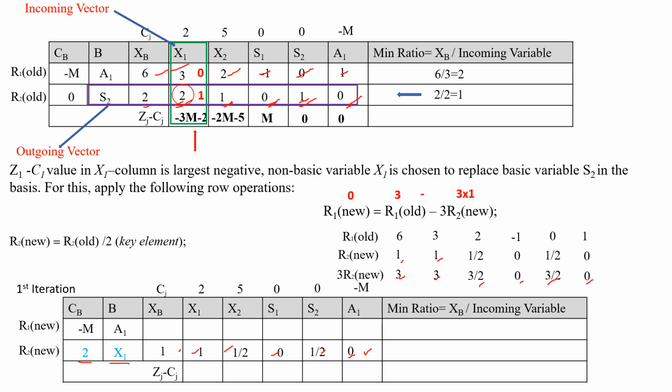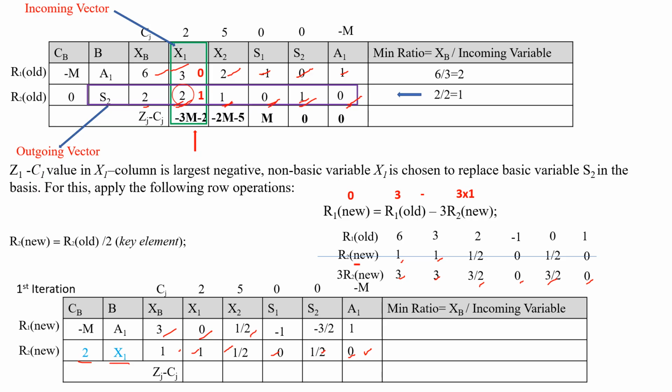So next we perform the row operation R1 old minus 3 R2 new, that is 6 minus 3, which is 3. So enter it in the new simplex table. Next, 3 minus 3 is 0, and 2 minus 3 by 2 is 1 by 2.